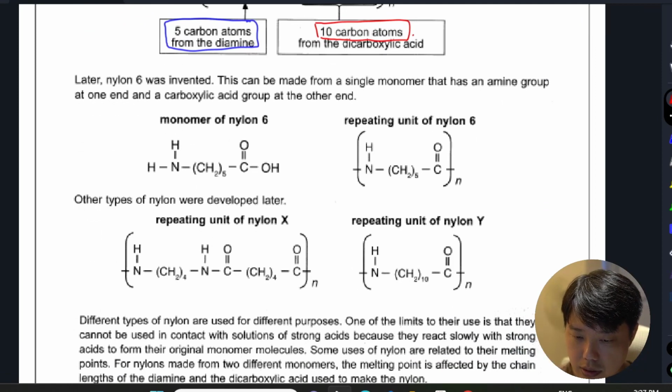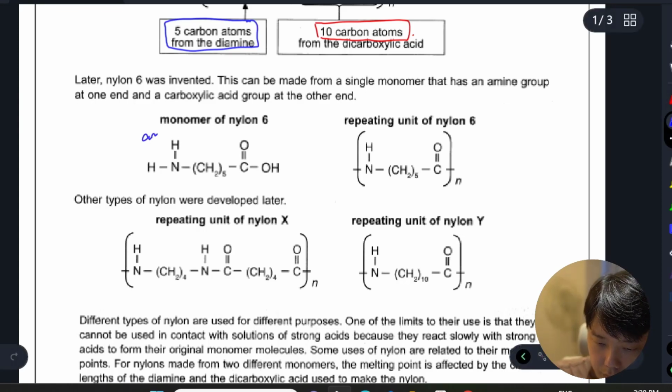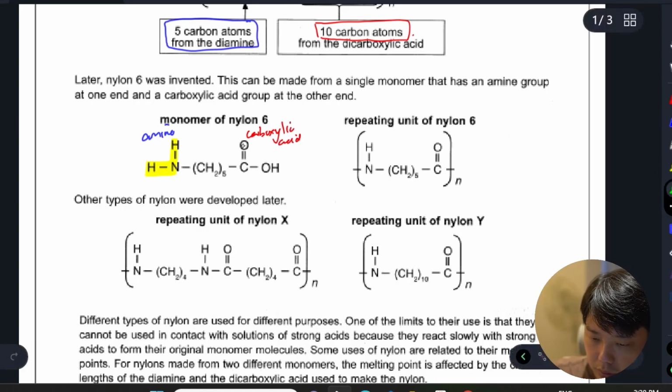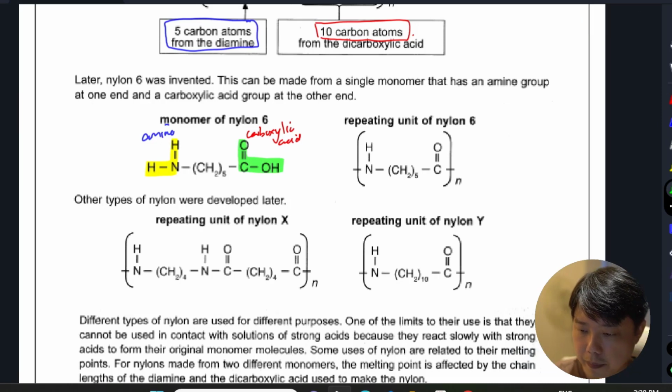They say nylon 6 was invented. This is made from a single monomer that has an amine group on one end and a carboxylic group on the other end. So here you have an amine group, then here you have a carboxylic acid group, one on each end.